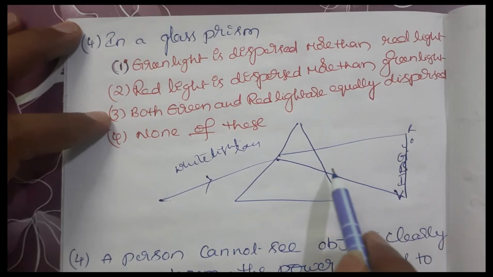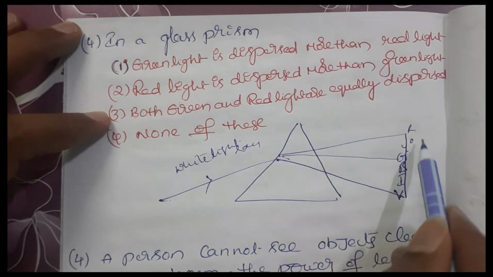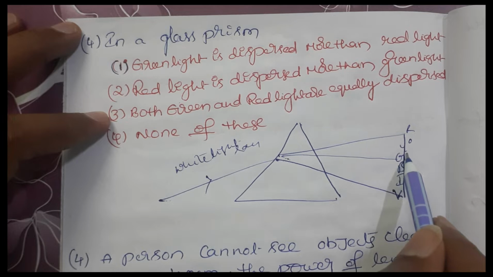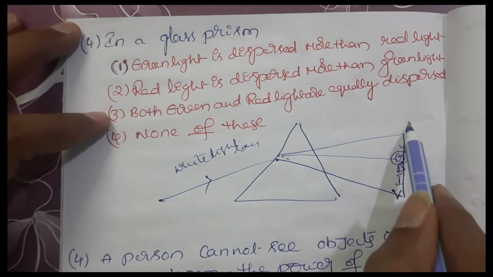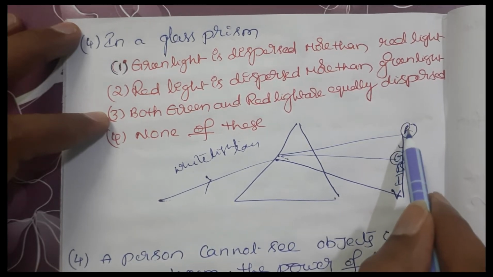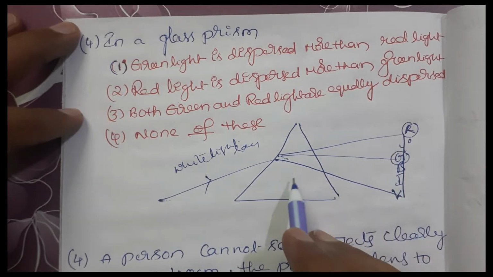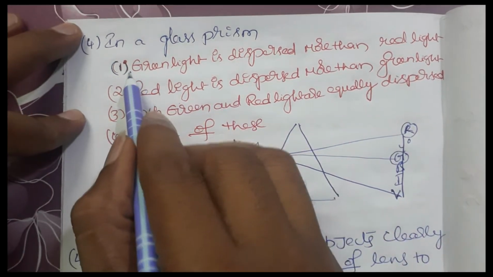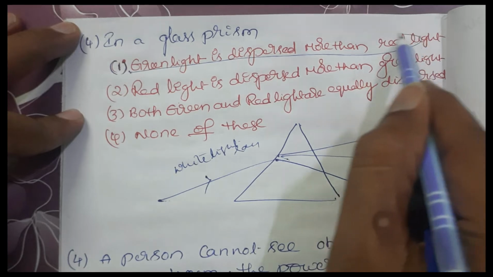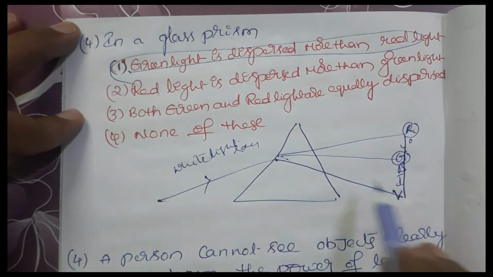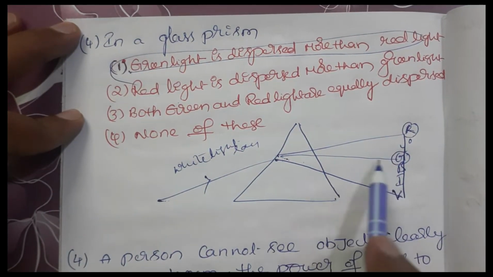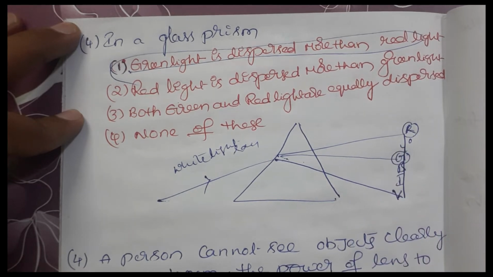You can see green is dispersed more than red. That is, the angle of deviation produced by green is more than the angle of deviation produced by red. That is, green is dispersed more than red. This is the answer, students. So you can see green bends more than red.